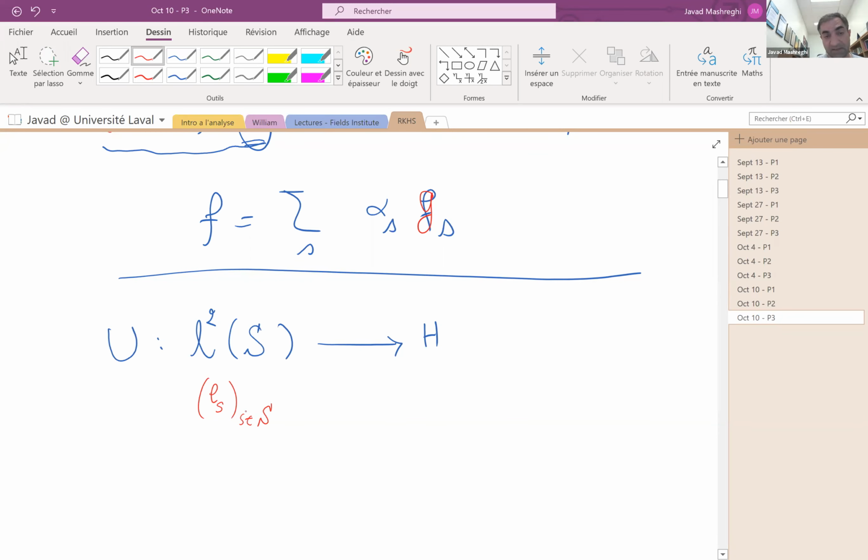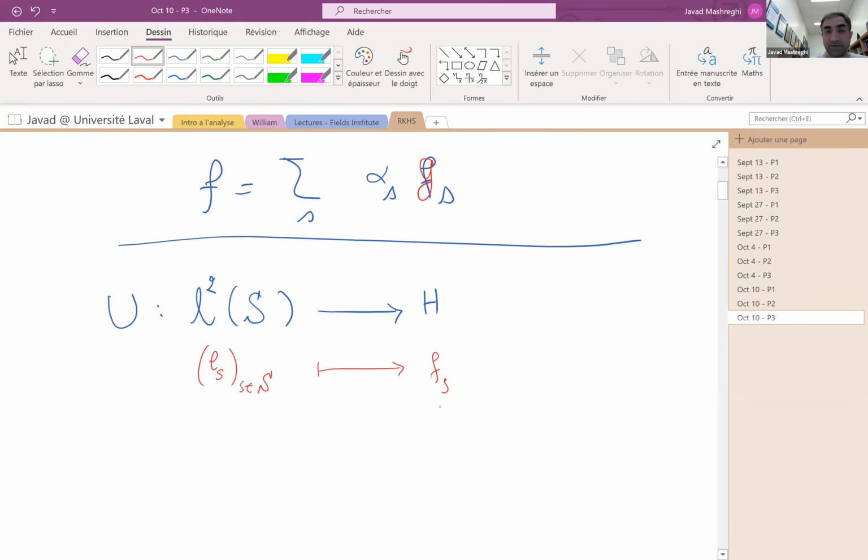It means that at one point it is equal to 1, and at all other components it is equal to 0. And this is mapped to f_s here.